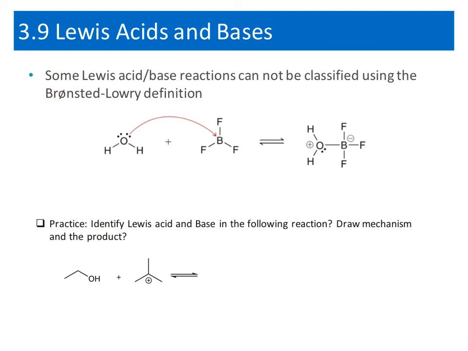But sometimes we cannot use Bronsted and Lowry definition. So if you look at this example here, if you look at the arrow, the lone pair of electrons on oxygen goes to the empty orbital on boron. So water donates the electrons, meaning that water is our Lewis base. Now boron can accept a pair of electrons, so it is our Lewis acid.